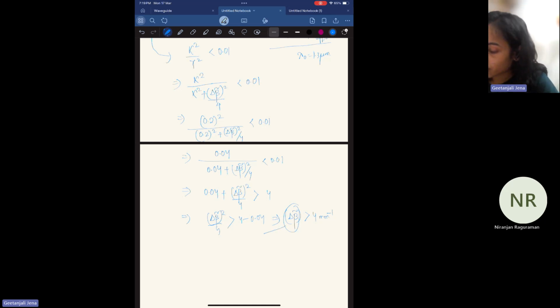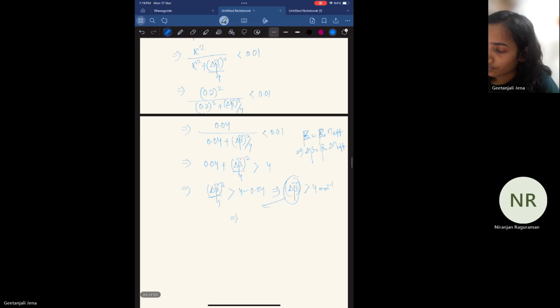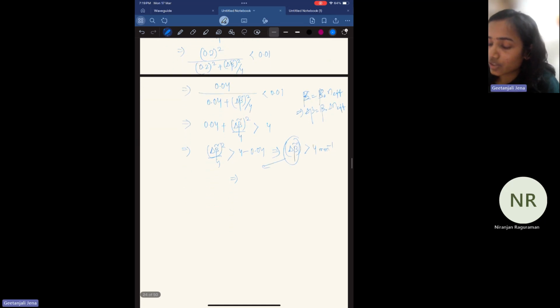Now this propagation constant. If you recall, K you can write as K0 and effective, right? K is nothing but beta, beta 0 and effective. So delta beta will be beta 0 delta n effective. This you already know. I'm just using the general formulation that we know.